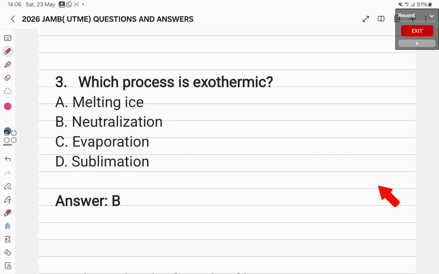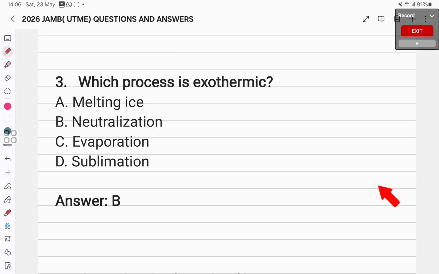When you refer to exothermic, it is when a process occurs by losing heat to the surroundings. The other one is endothermic, that is when a process occurs by absorbing or gaining heat from the surrounding.